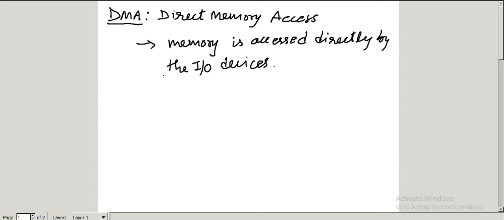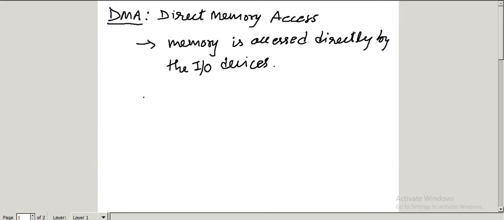So whenever the speed of the CPU and IO devices is mismatched, to solve this we need DMA, direct memory access.